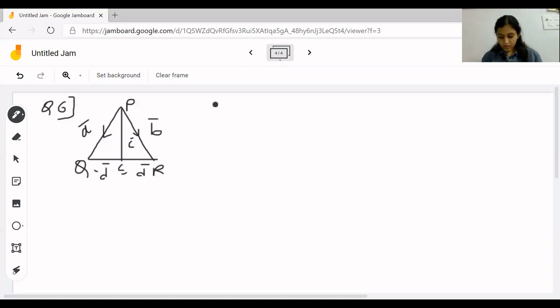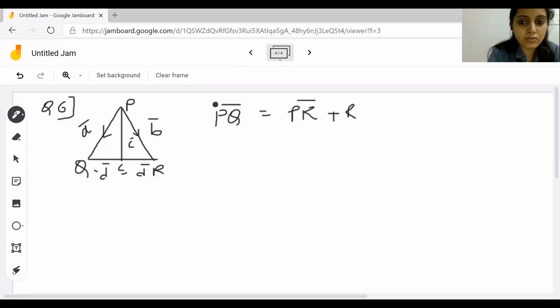Now let's begin. PQ is equal to PR plus RQ. Now PQ can also be written as PS plus SQ. This is S, right?